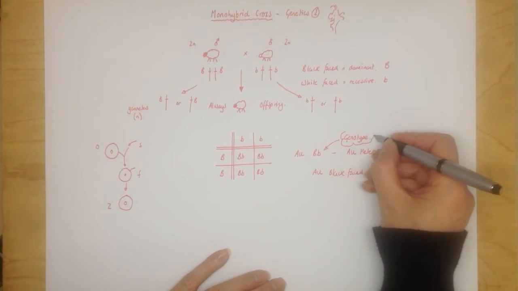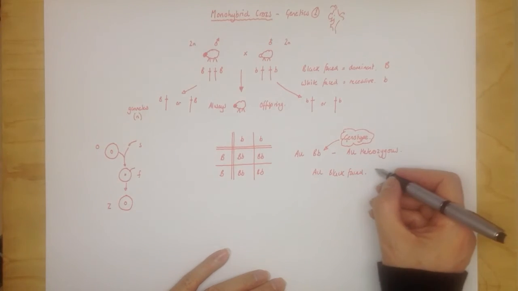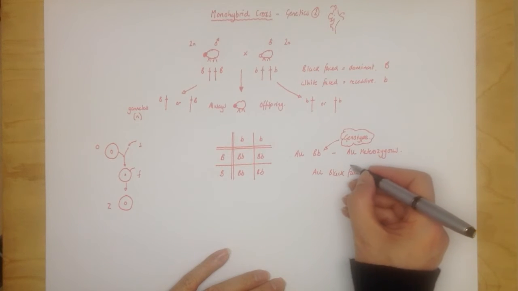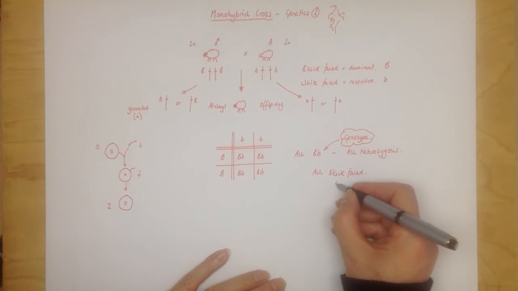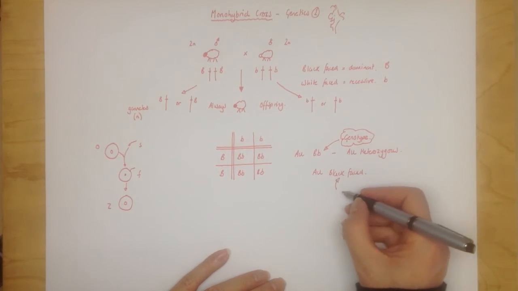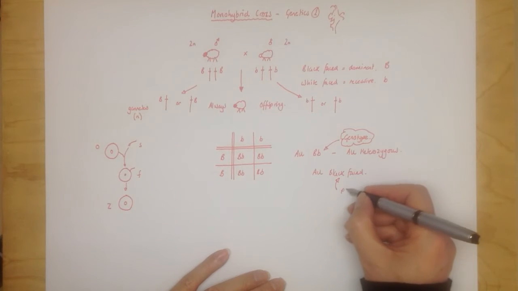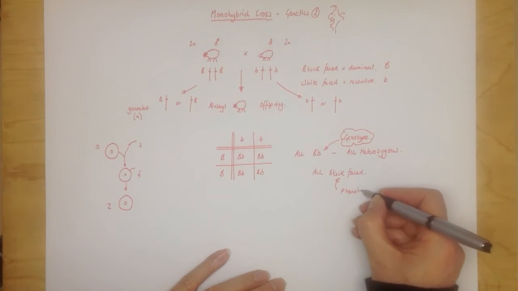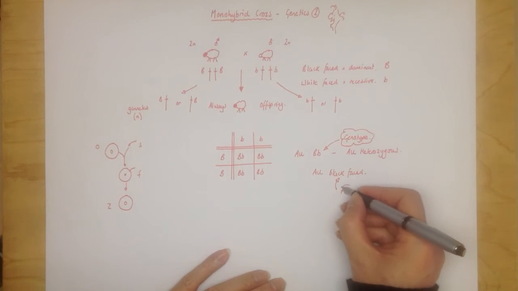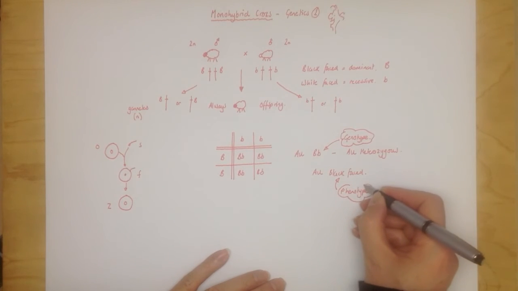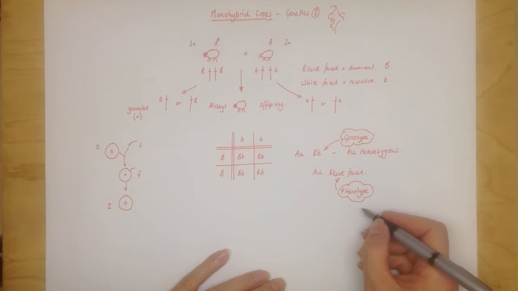Important word to remember that. The physical characteristic that you have, the fact that you're either black-faced or white-faced, is your phenotype. Another important word that you need to remember.